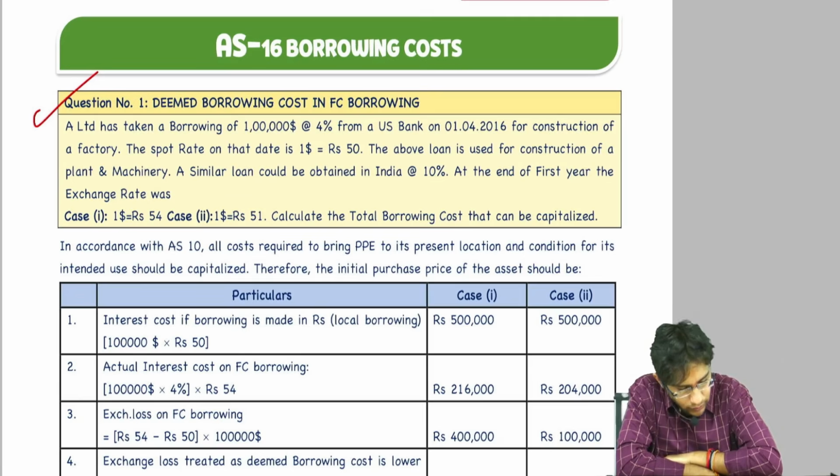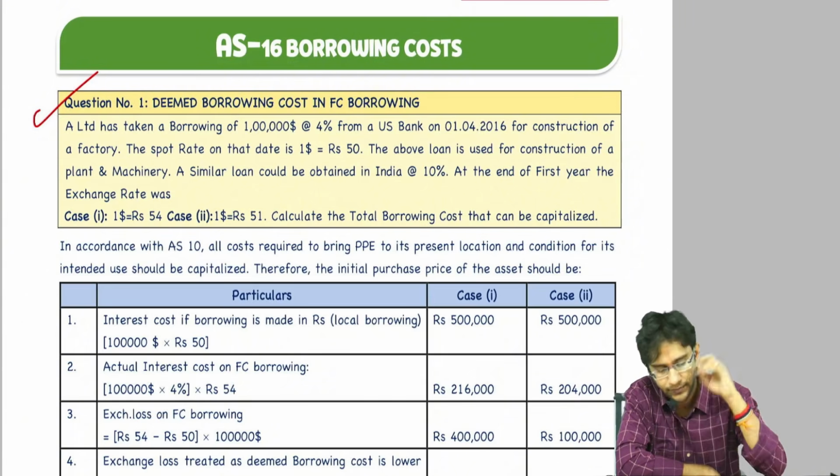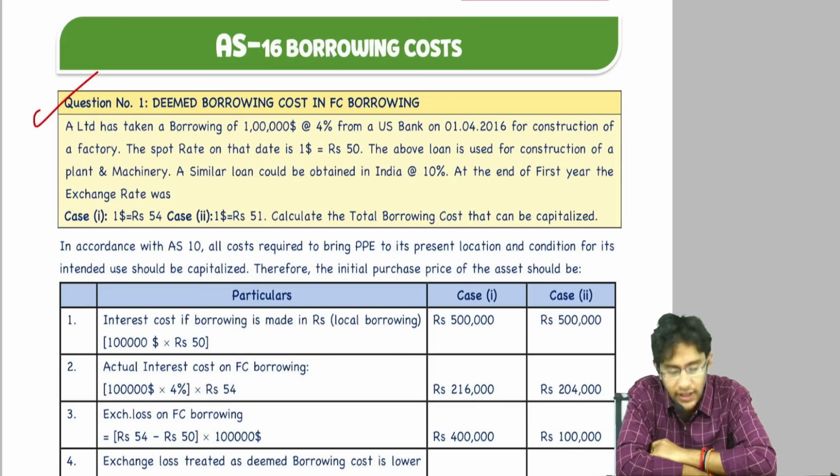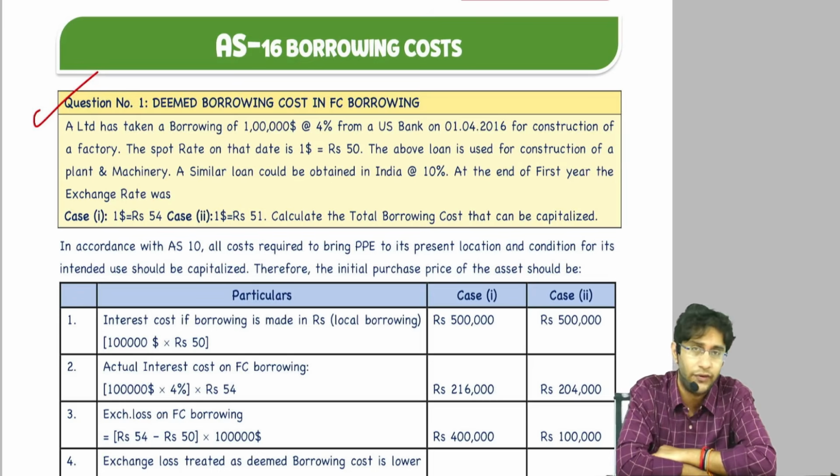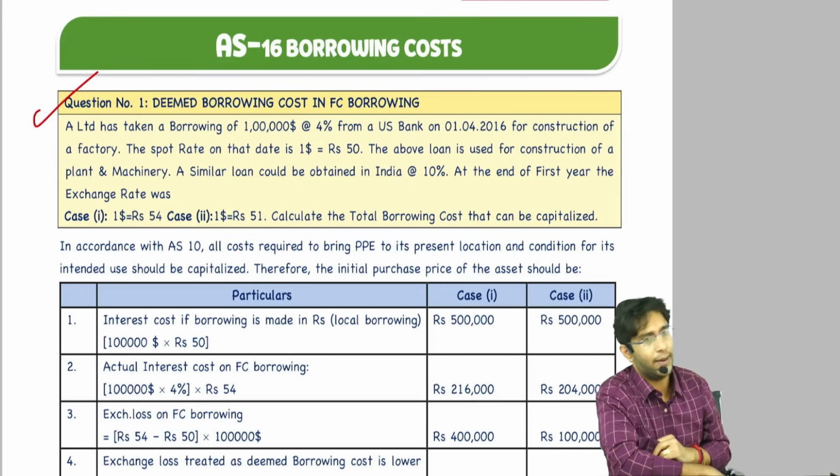The above loan was used for construction of plant and machinery. A similar loan could be obtained in India at the rate of 10%. At the end of first year, the exchange rate was, case 1, $1 is 54, case 2, $1 is equal to 51 rupees. Calculate the total borrowing cost that can be capitalized.